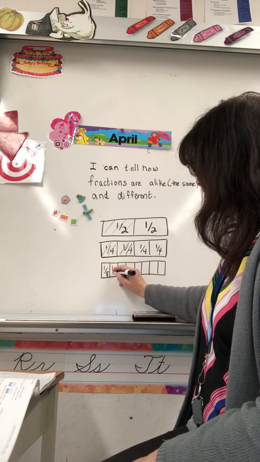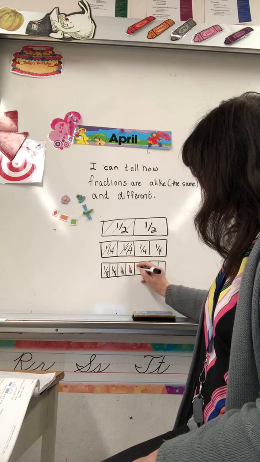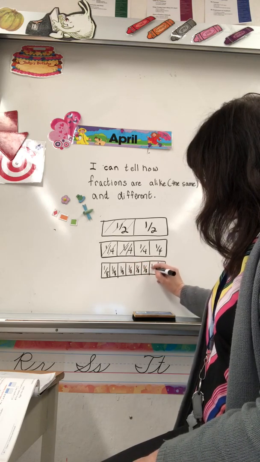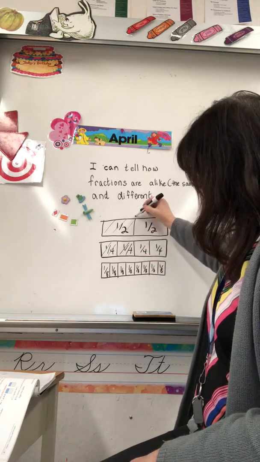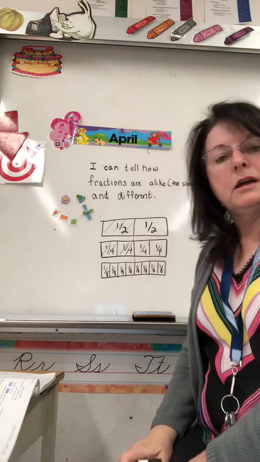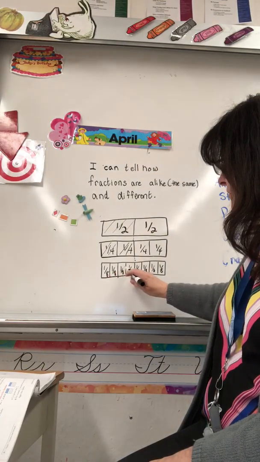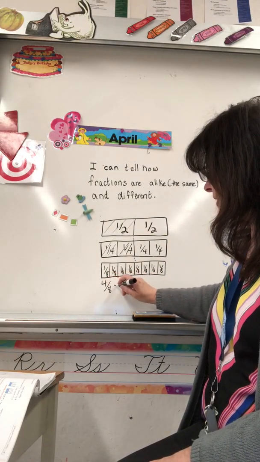Using your ruler, do these in your math duotang. And I think automatically you are seeing how many 8ths are the same as 1 half. So let's go all the way up here, and I'm going to do a little dotted line so we can keep track. How many 8ths are the same as 1 half? 1, 2, 3, 4. 4/8 is the same as 1 half.